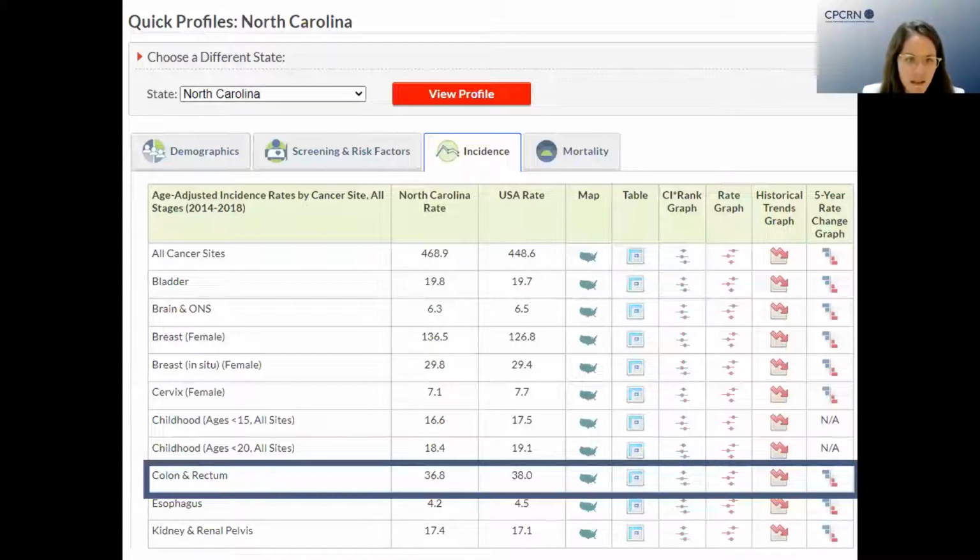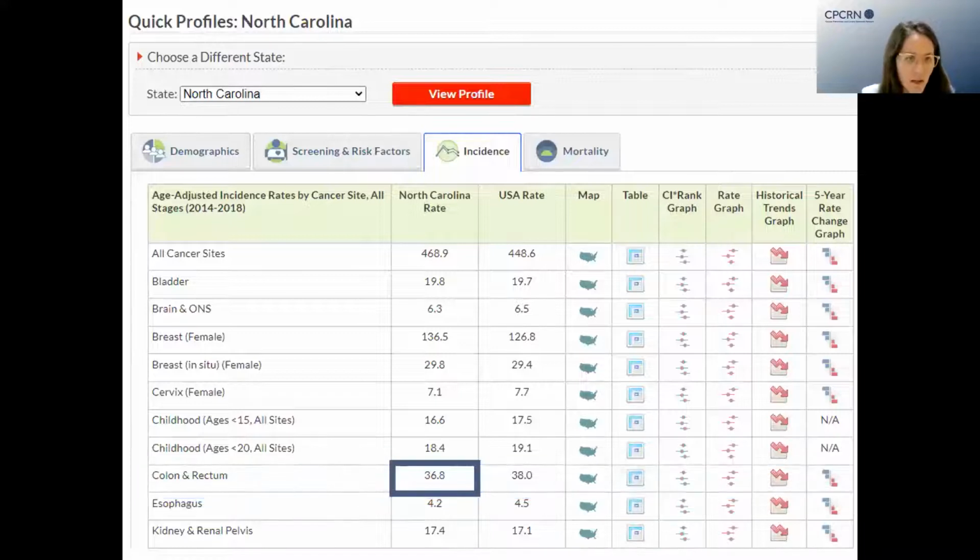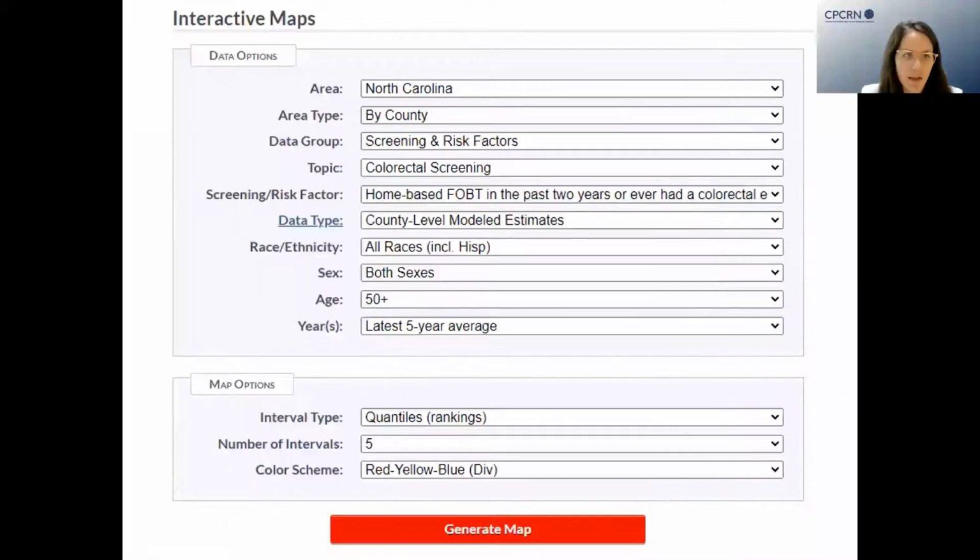So here I can see that North Carolina's rate is slightly lower than the US rate at like 36.8. If I want to get more specific to county level data, I can click the little map symbol here, which will take me to this page.